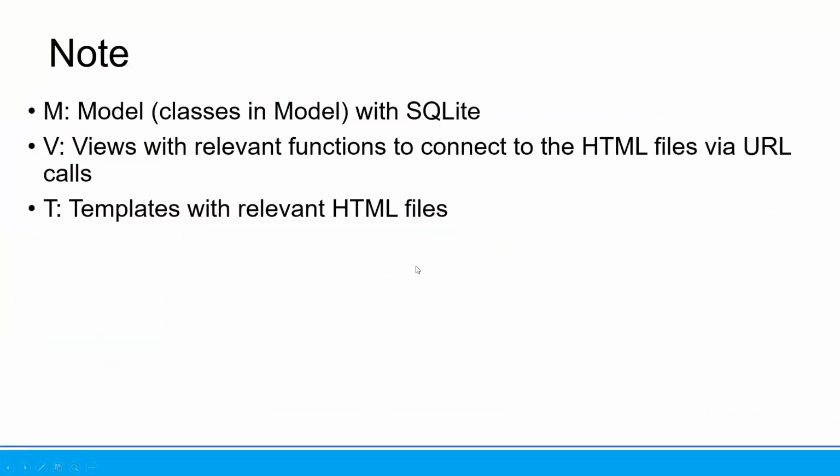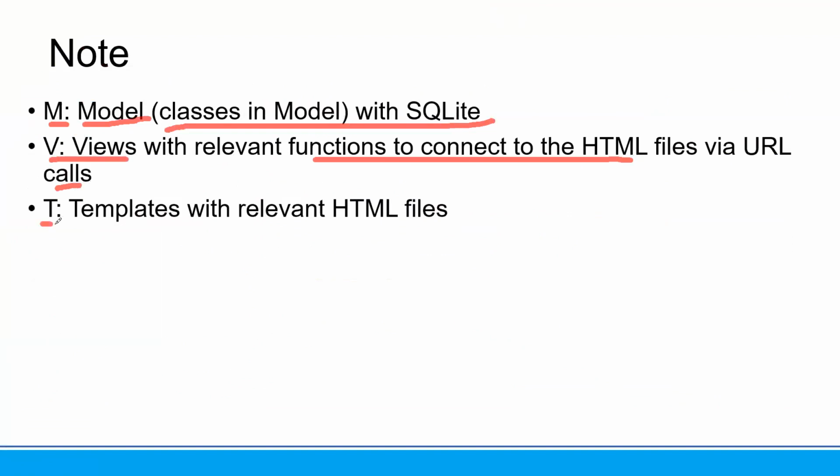So what we can learn from this chapter, actually, we learn about the MVT. M means the model. So the model is the classes in a model, which is the SQLite. And V is the views with relevant functions to connect to HTML file via the URL response.